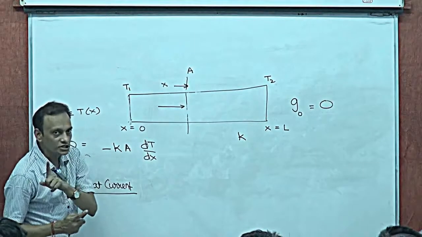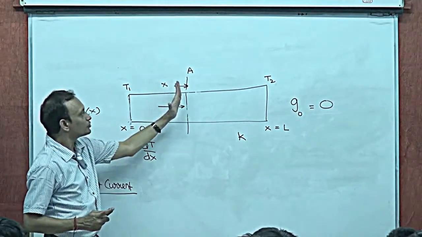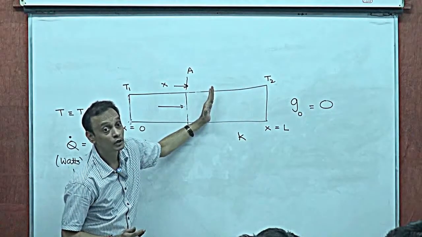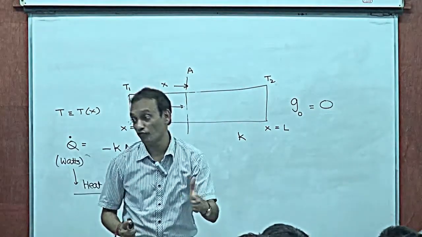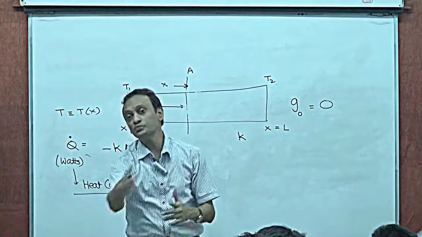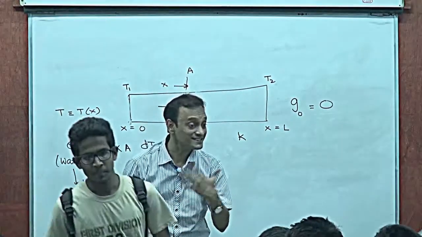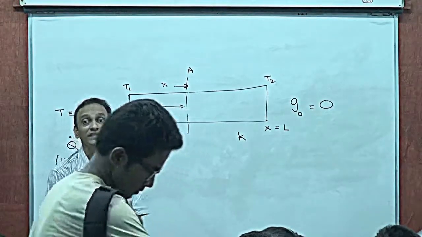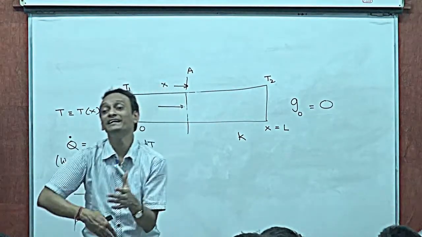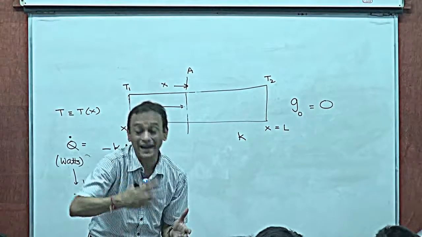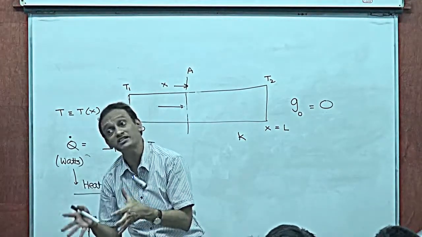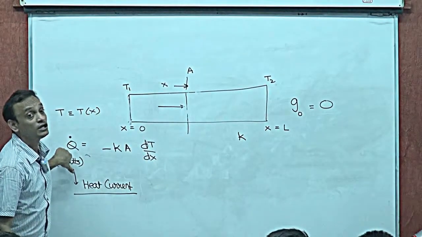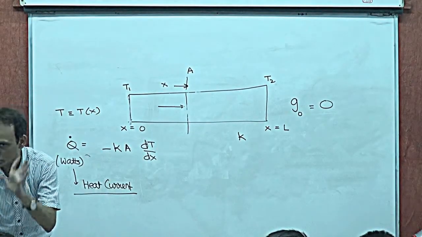Under steady state conditions, do you realize that the watts that enter a cross section would be the watts that would leave the cross section? With any given cross section, the watts will be the same. The joules per second will be the same across any given cross section because it's steady state conditions. If that was not the case, then the temperature of that cross section would change with time. So under steady state conditions, Q dot must be the same for any given cross section if G naught is 0.